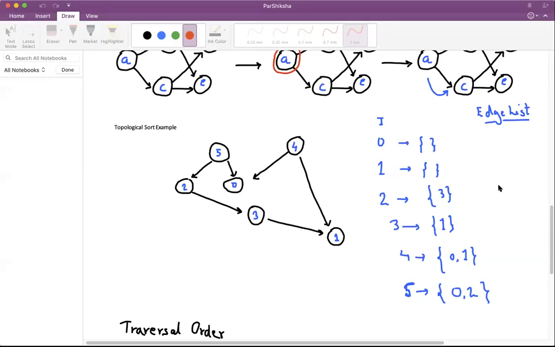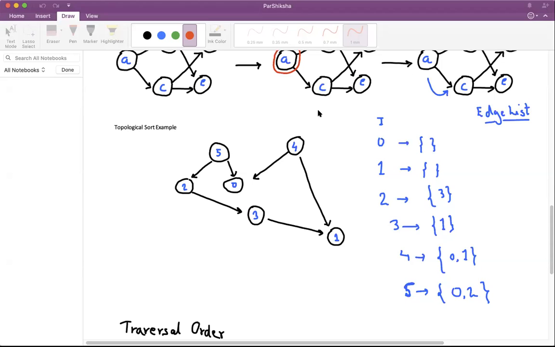So the idea of topological sort is kind of interesting, and the idea is that let's say there is an inherent ordering within the graph. Let's say it's a family tree and you want to lay down the family tree in a more flattened way, so you want to write down the ordering of all the members of the family, but you want to ensure that within the ordering that you print, parents should always come before children, right?